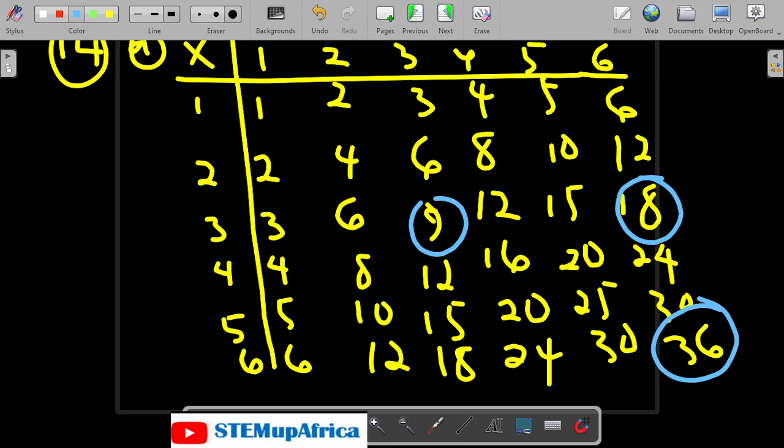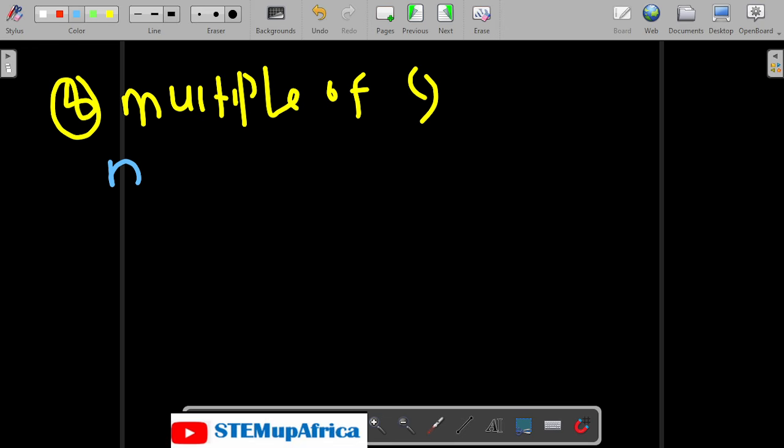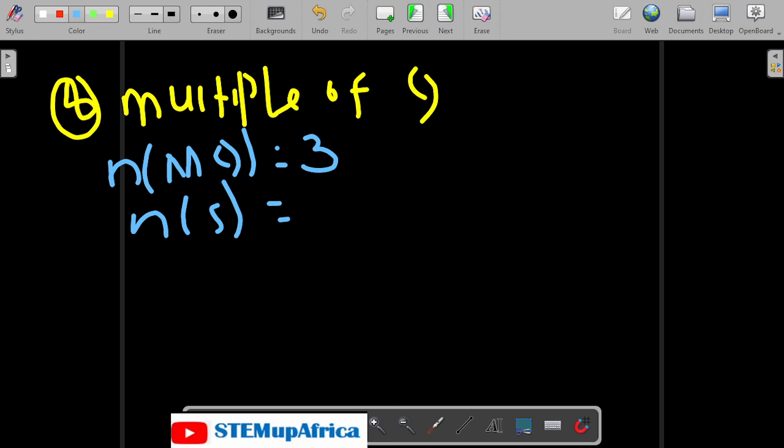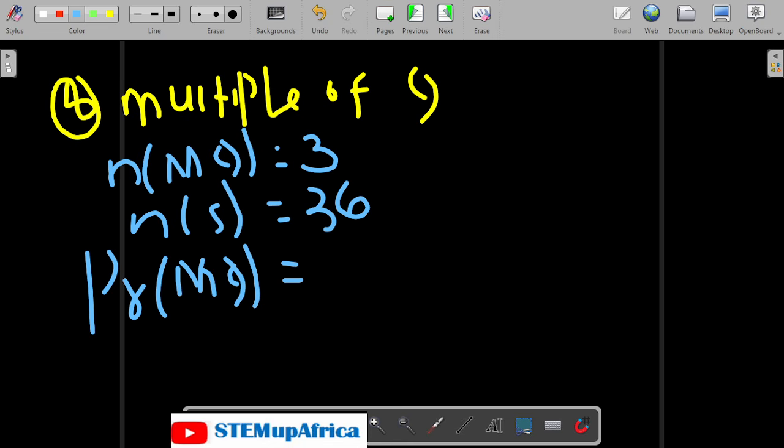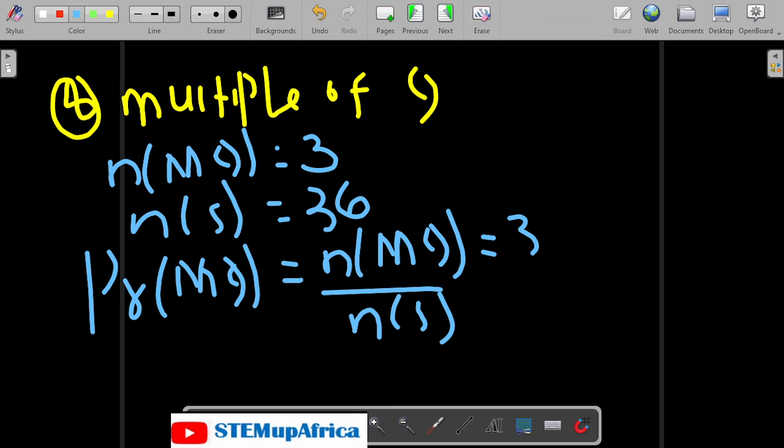Those are the multiples of 9. So the number of multiples of 9 is 3. The sample space is always 36 when you throw 2 dice. So the probability of multiples of 9 is simply the number of multiples of 9 over the sample space, which is 3 over 36. The answer will give us 1 over 12.